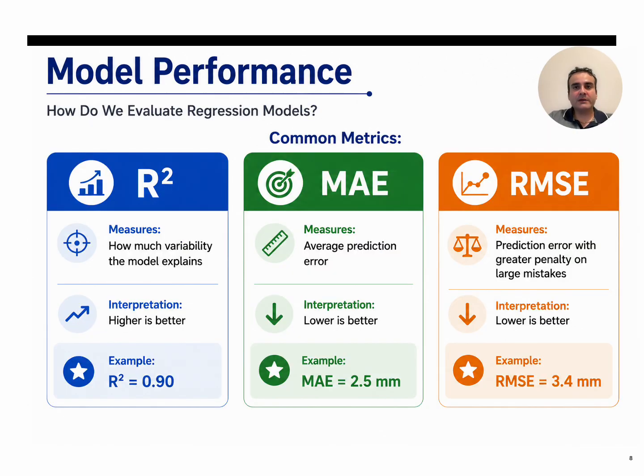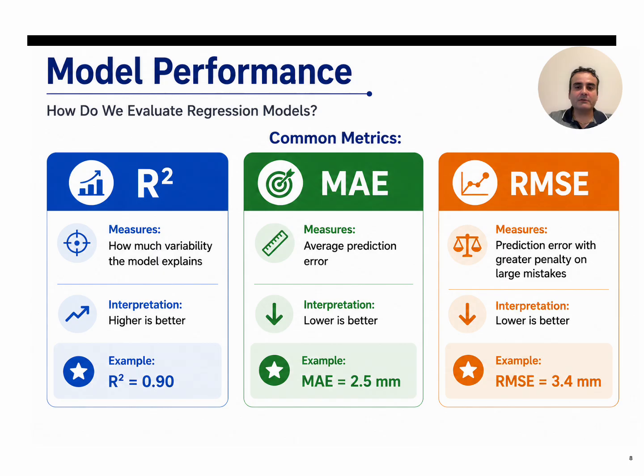After developing a regression model, we need to evaluate how well it performs. This slide shows three common performance metrics: R squared, mean absolute error, and root mean squared error. R squared tells us how much variability in the output is explained by the model.